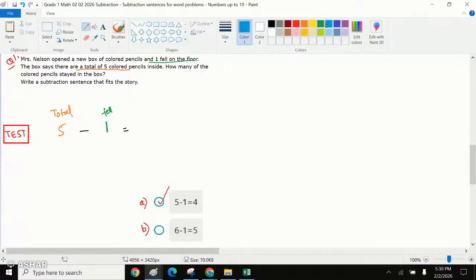So how many pencils stayed in the box? 5 minus 1 is always 4. Agreed? Thank you, Precious. Thank you, Attaboy. This is our subtraction sentence for this particular story. Let's try the next one.